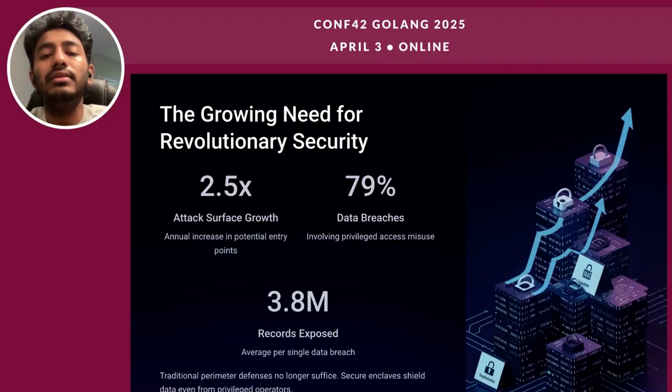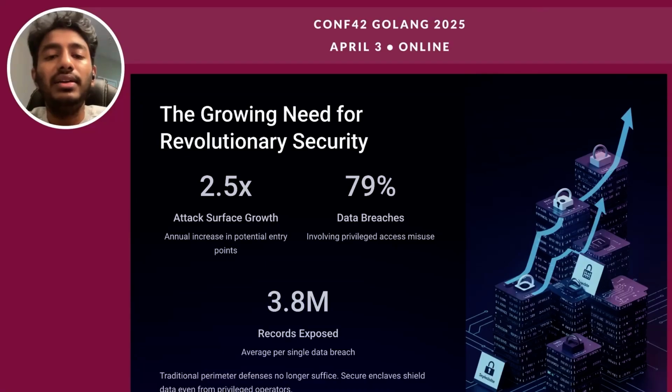Today, the average enterprise sees a 2.5x annual increase in attack entry points. And here's the kicker: nearly 80% of data breaches involve privileged access misuse. This means attackers aren't always breaking in from the outside, they're just misusing what's already trusted.